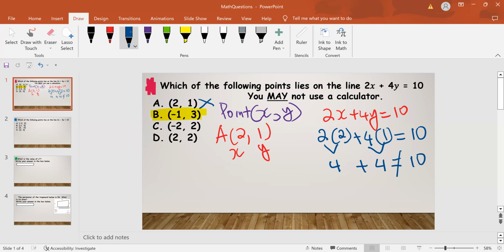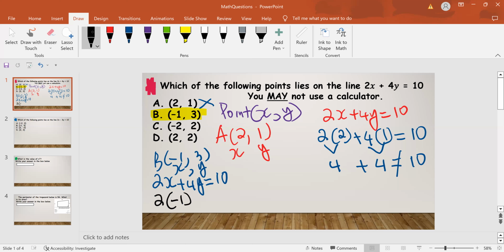Let's check B. For B, we have (-1, 3), which means x is -1 and y is 3. Using the same equation, 2x + 4y = 10, we replace x by -1, so we have 2 multiplied by -1 plus 4 multiplied by 3.